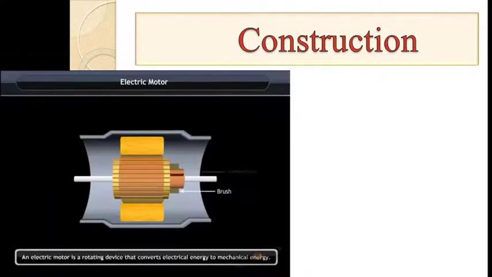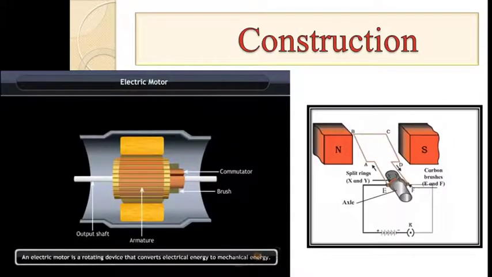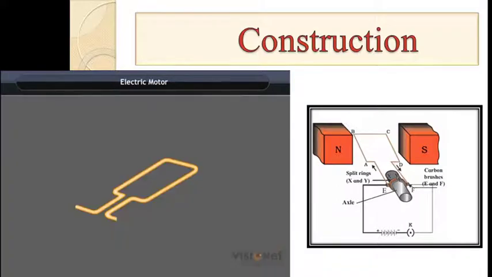Now see the construction and the diagram of electric motor. This is the diagram of electric motor. So the construction of electric motor is: it consists of a rectangular loop of copper wire having resistive coating.